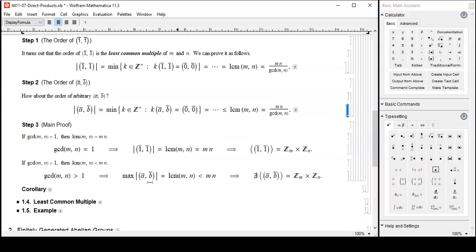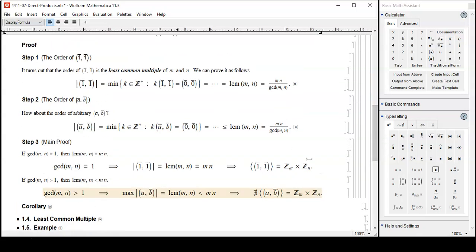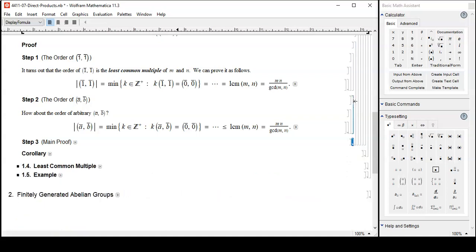So maximum order is less than MN, which means there's no element that's going to cover the entire group. So when M and N are relatively prime, then cyclic. If they're not, then non-cyclic. That completes the proof.